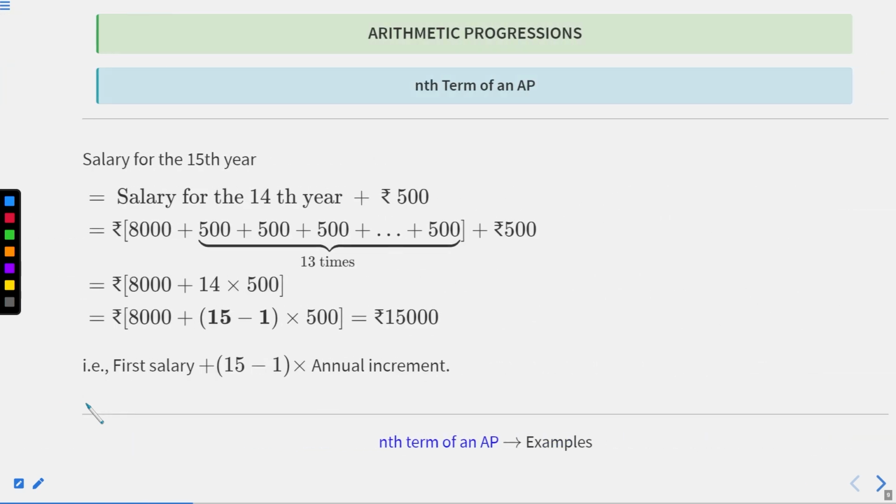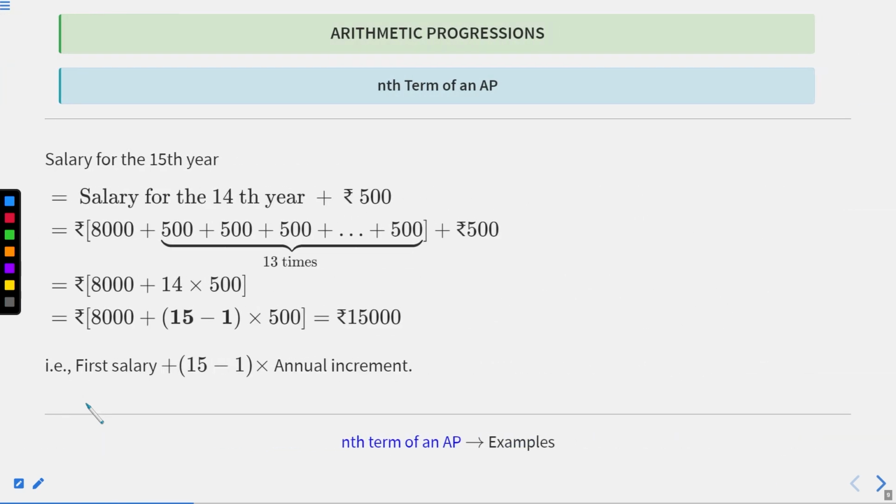Salary for the 15th year is equal to salary for the 14th year plus rupees 500. And salary for the 14th year is rupees 8,000 plus 500 added 13 times, which is equal to rupees 8,000 plus 14 times 500.